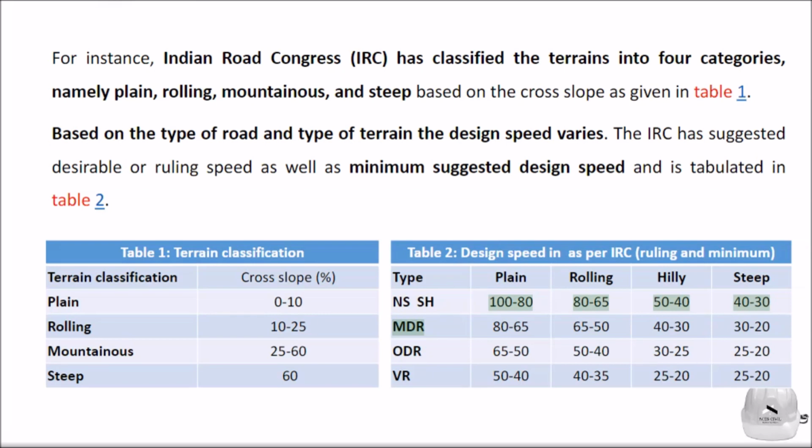MDR: 80-65, 65-50, 40, 30, 30, 20. ODR: 65-50, 50-40, 30, 25, 25-20. VR: 50-40, 40, 35, 25-20, 25-20.